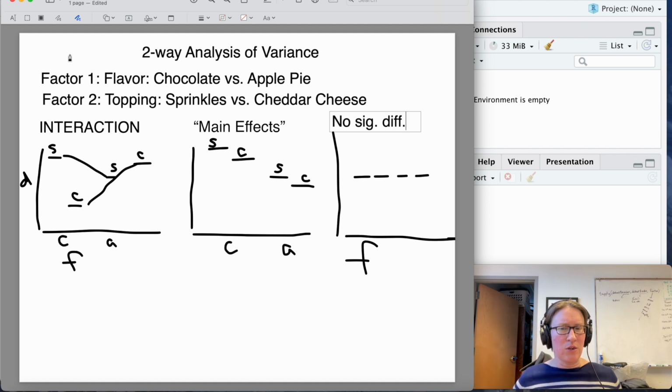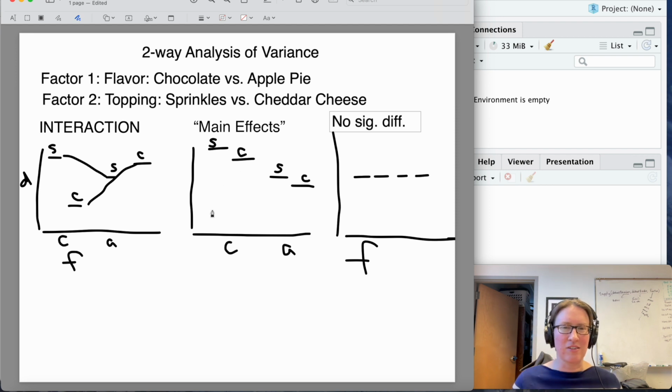So that's the overall principle, right? If you find a significant interaction effect, or if you identify significant main effects, in some situations, it then will become appropriate to go on and do a post hoc comparison. In this case, actually, if you just find significant main effects, you don't really necessarily need to go much further, because you can then just identify chocolate's better than apple pie, sprinkles are better than cheddar cheese, something of that nature.